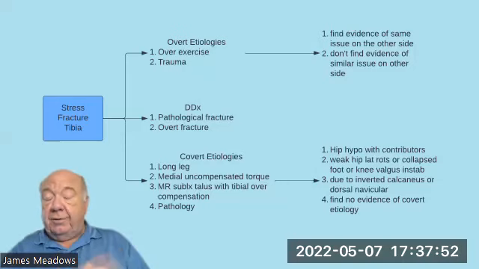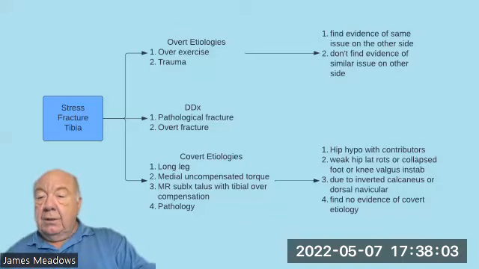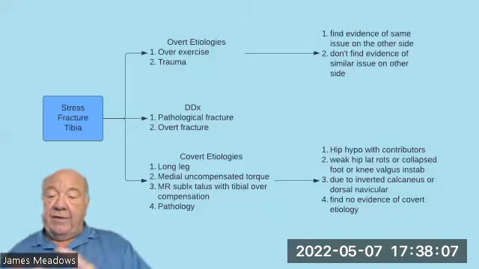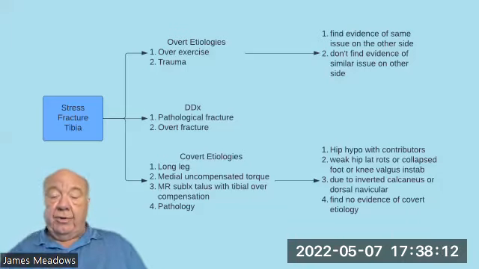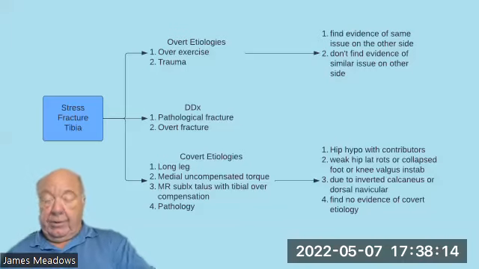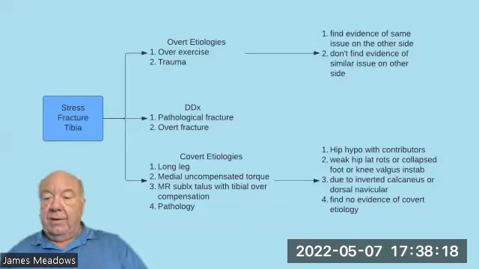Or a combination. So for long leg, we've got hip hypermobility with contributors. I've deliberately left out the ankle from the long leg because the ankle can also be considered as producing stress straight onto that tibia. But of course, the subluxed ankle does produce a long leg anyway.